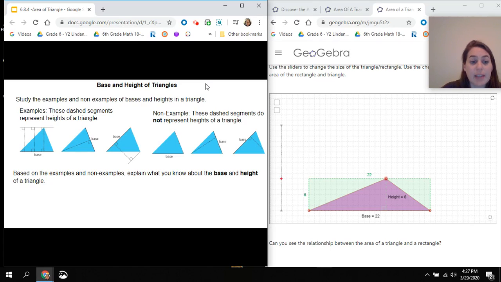Study the examples and non-examples of bases and heights in a triangle. These are your examples with the dash segments, and these are your non-examples. Based on the examples and non-examples, explain what you know about the base and height of a triangle.